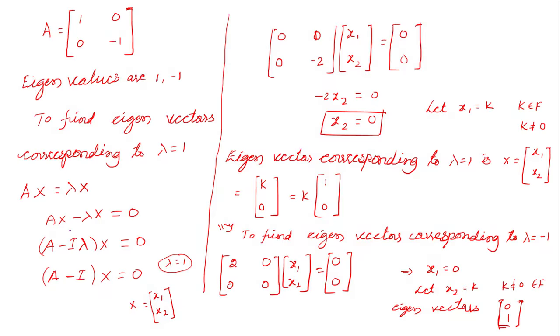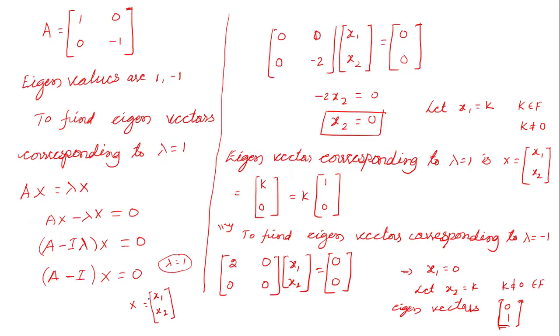If you take lambda x to this side, we get Ax minus lambda x is equal to 0. That means A minus lambda I into x is equal to 0. Here lambda is equal to 1. Therefore, A minus I of x is equal to 0.